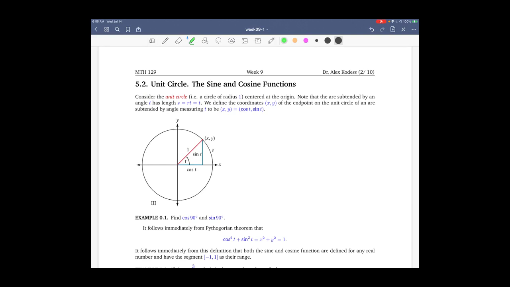Because the definition of sine and cosine functions will involve measuring angles, let us remind ourselves the definition of 1 radian. That will be useful.